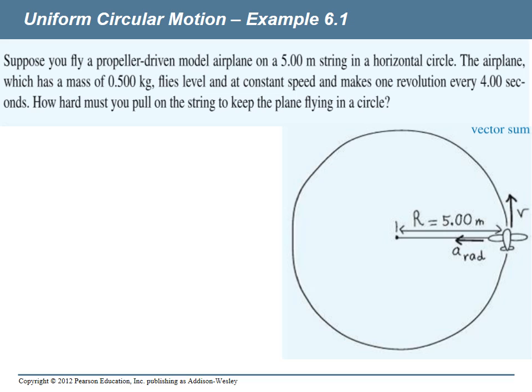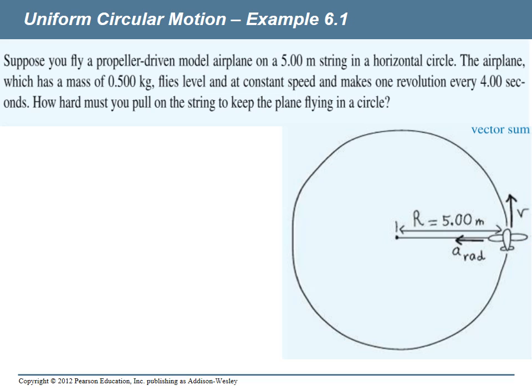We have this airplane that's going to be going around in this counterclockwise circle, and it's on a string. It's on a propeller. It tries to fly forward, but it's on a string, so we're going to pull it to keep it from flying forward. It wants to go that way, but we're just going to accelerate it this way constantly.